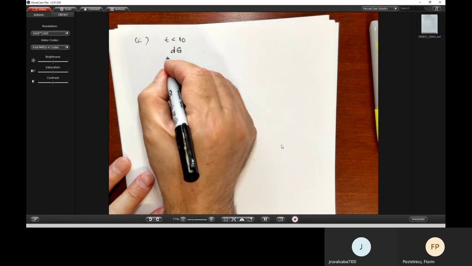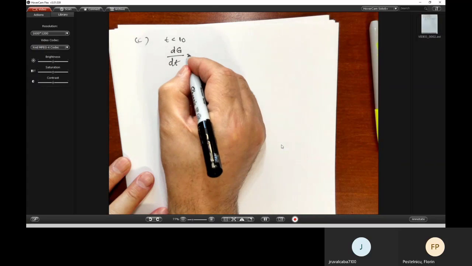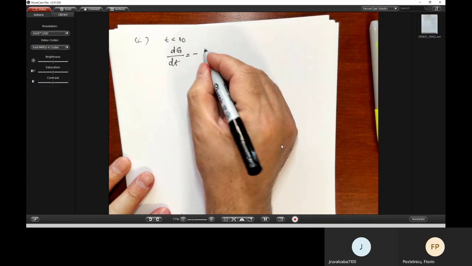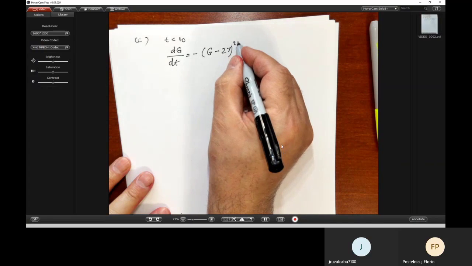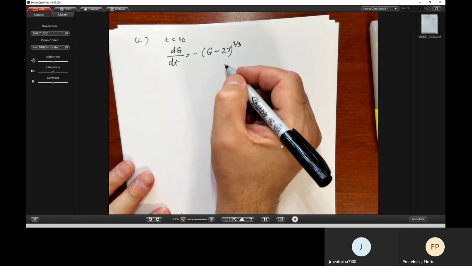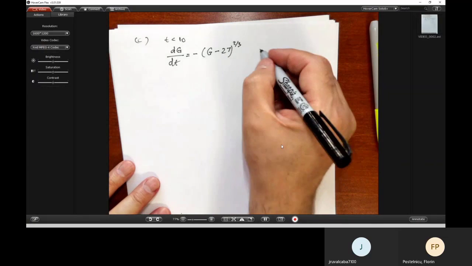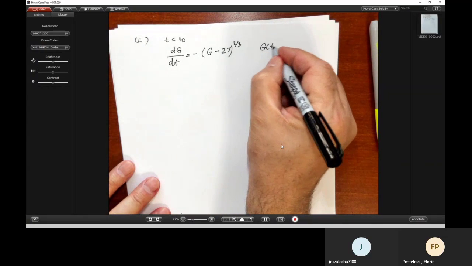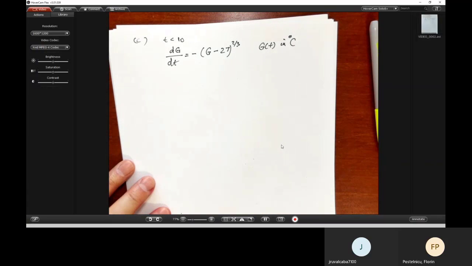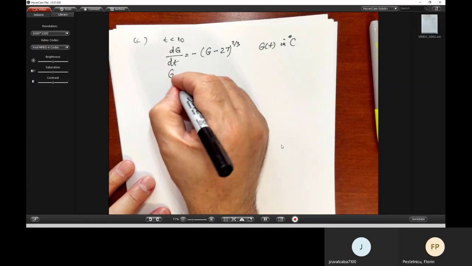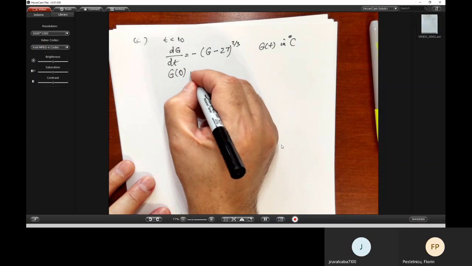And here g of t is measured in degrees Celsius. I know as well that the initial condition g of 0 is 91 degrees Celsius. And what do I need to figure out? I need to figure out g of t, and I need to find out g of 3. So the internal temperature at time 3 minutes.